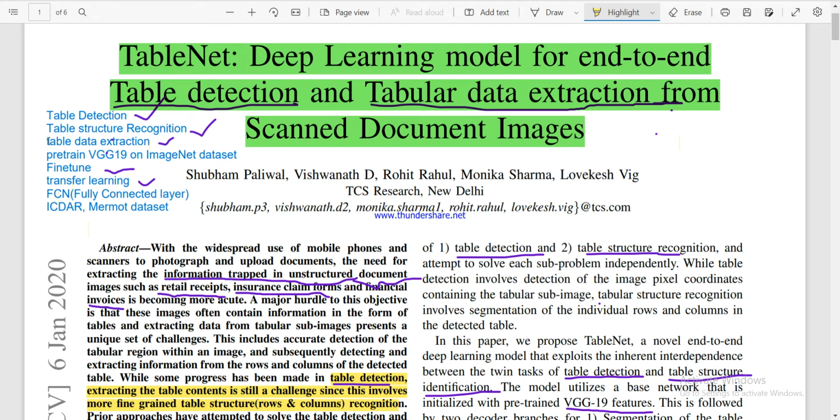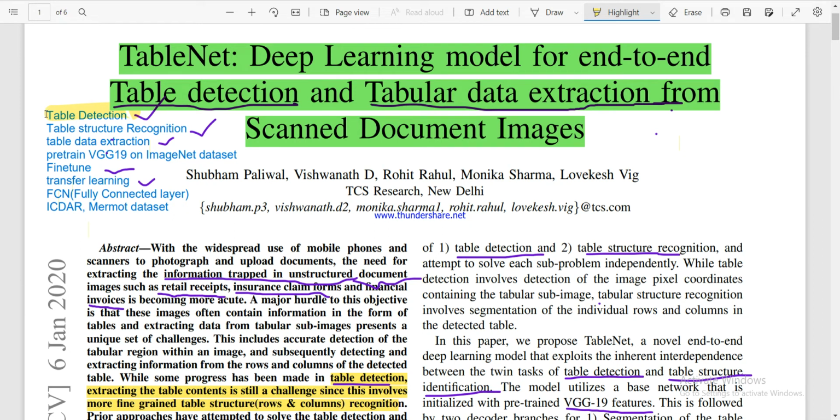So this paper has proposed an approach for table data extraction. How have they done this task? They have merged table detection and table structure recognition with table detection, so they have given all three concepts in a single paper.